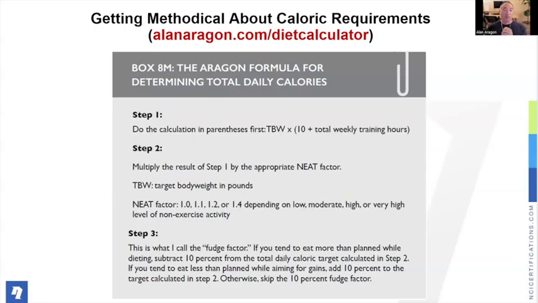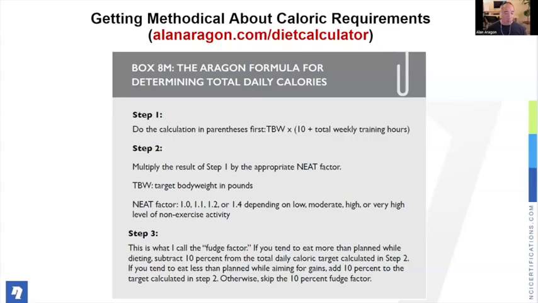Now, if you have a job or a lifestyle that happens to be particularly physically active, significantly beyond just the sedentary activity of a desk job and coming home and watching TV, then you can multiply it by a NEAT factor.